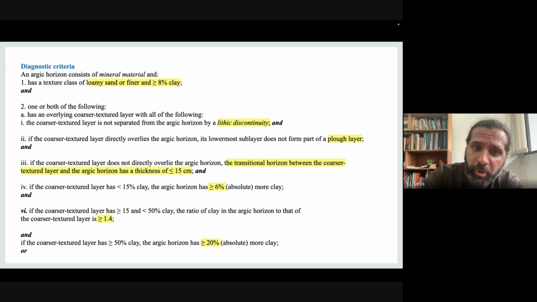What is much more important is that you memorize that the Argic horizon registers higher clay content than overlying horizons. And we have some criteria to identify this. And some of these Argic horizons also could express clay illuviation features. For example, clay skins that are really, really common, and they express the migration of clay, okay?